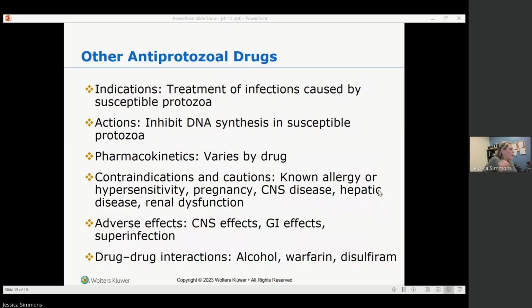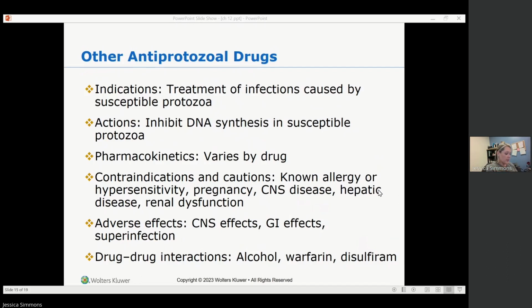So, in your ATI book, starting on page 381, it talks a lot about metronidazole, and I like the way that it clumps it together.